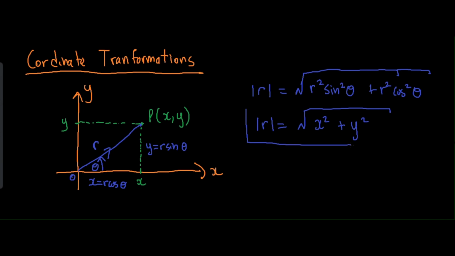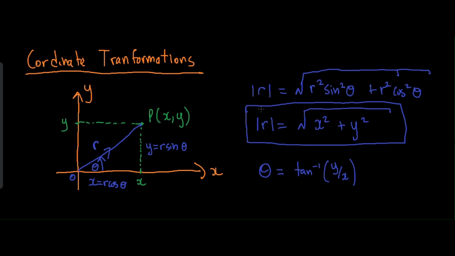So for any point on the Cartesian plane, we could describe it in terms of a line of a radius given by this, and the angle is tan inverse of y on x. This again comes from trig.